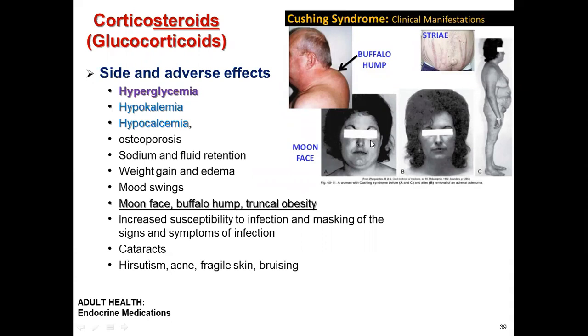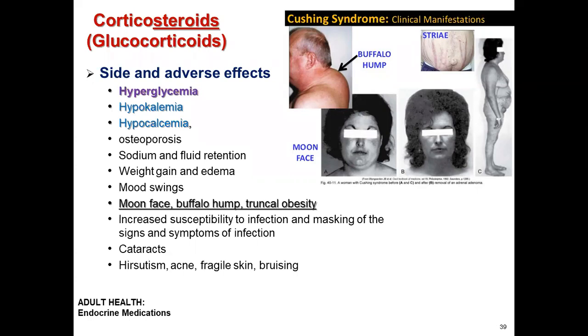They have a moon face. It was like this, but now looks like this. And also truncal obesity. The two legs are thin, but this area accumulates fat. Increased susceptibility to infection because of the immunocompromised state. So infection is more common.